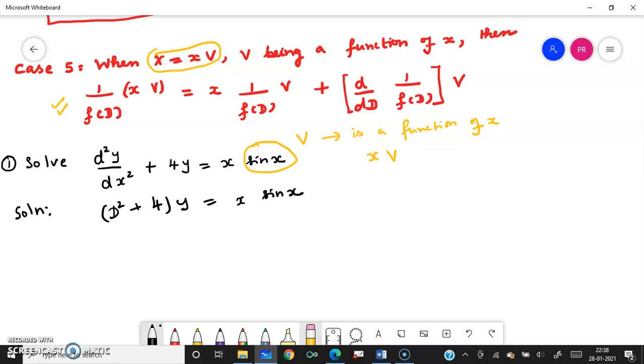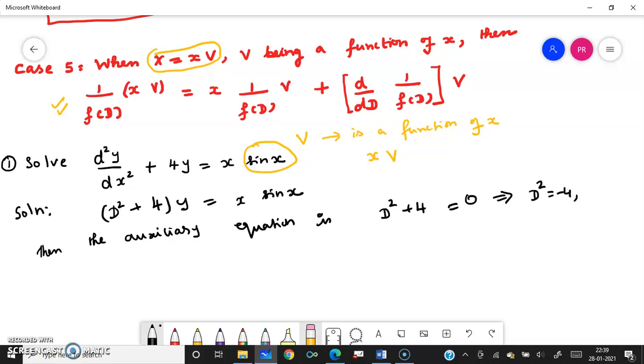Now, what is my auxiliary equation? D square plus 4 equal to 0, which implies D square equal to minus 4, D equal to plus or minus 2i. Therefore, complementary function will be, alpha is 0, beta equal to 2.